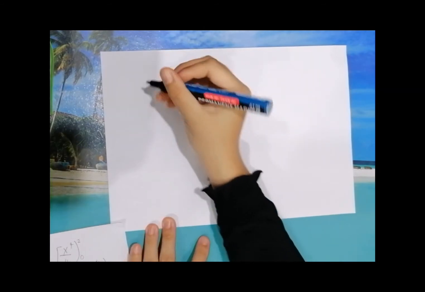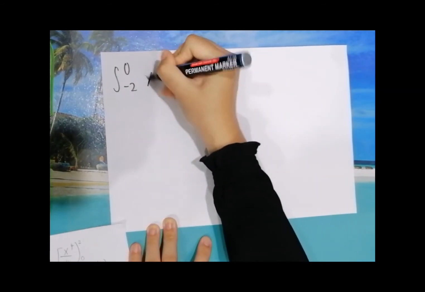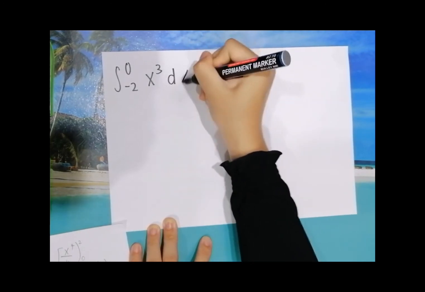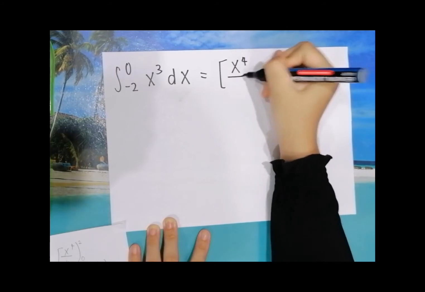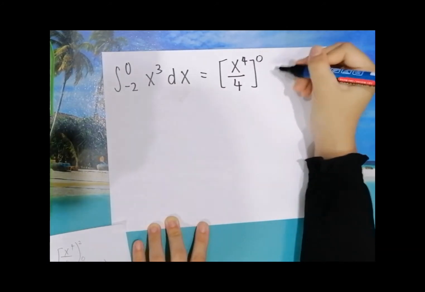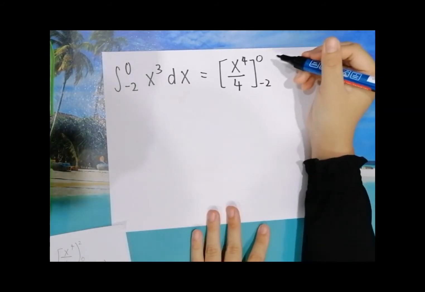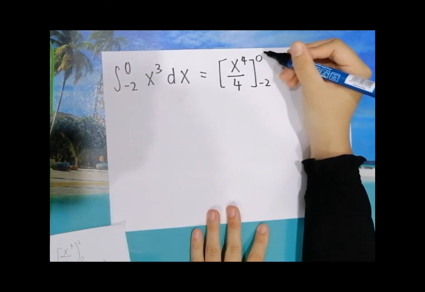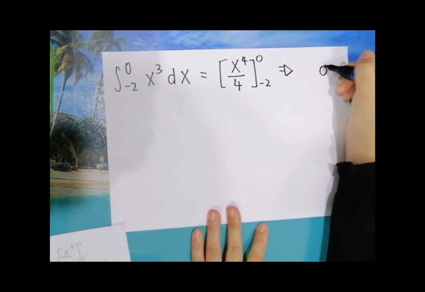Okay, next, integrate from -2 to 0 of x cubed dx. x to the power of 4 over 4, between 0 and -2. We put 0 up and -2 down, because 0 is bigger than -2.